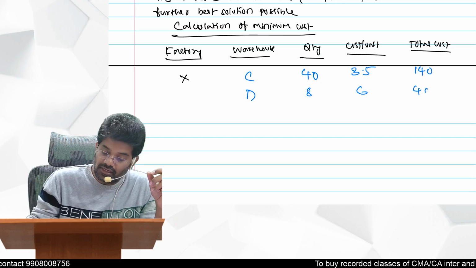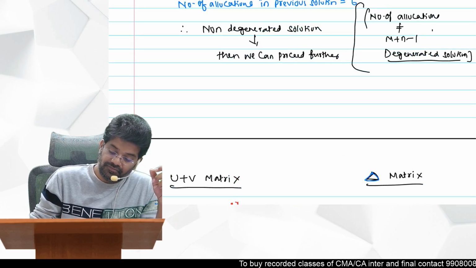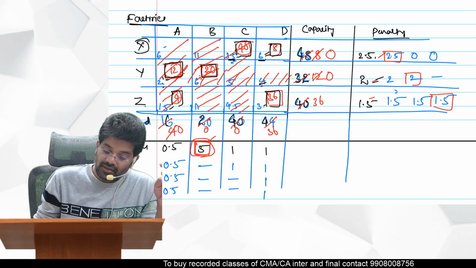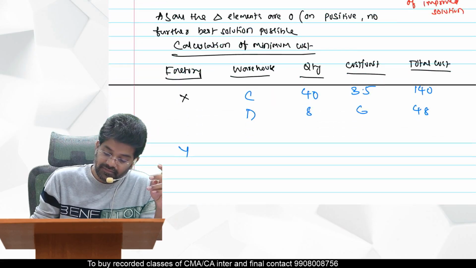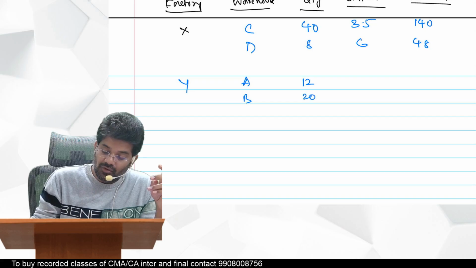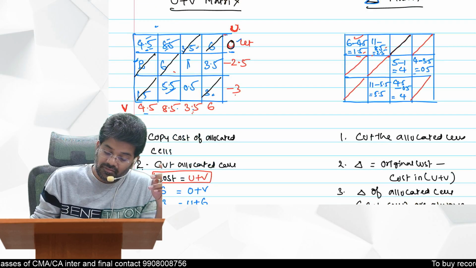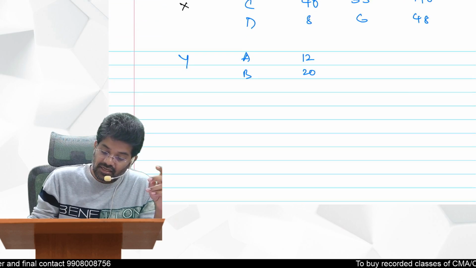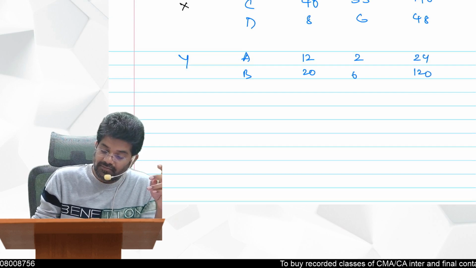This is 48. Next, from factory Y we got allocation to A 12, B 20. And what is the cost there? At the rate 2, 6. So 24, 120.